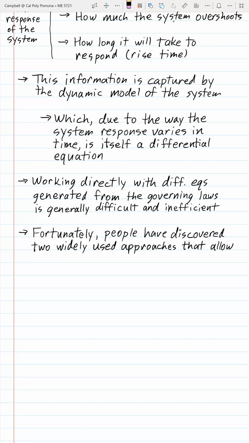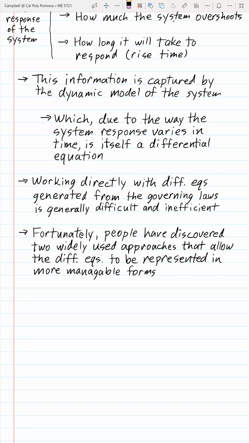that allow, of course, the differential equations, again, diffie-qs, to be represented in more manageable forms using Laplace transforms.